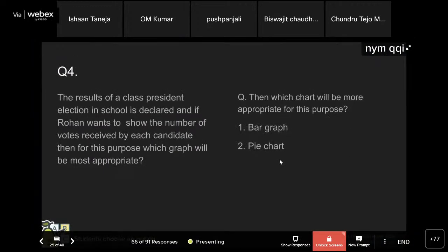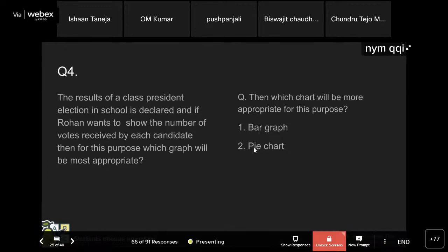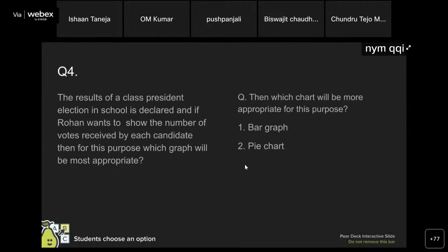It's not a major concern for us, whether they can vote more than once or not. Yes, sir. So we can plot the bar chart. In general, whenever it's a voting question, we assume that each person can vote only once. If they can vote more than once, it would definitely be mentioned in the question. Okay.